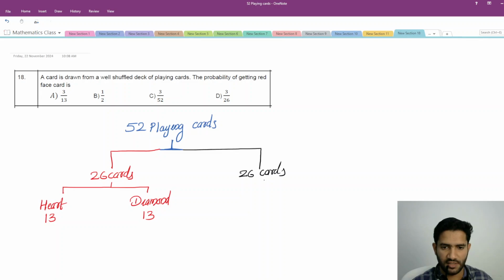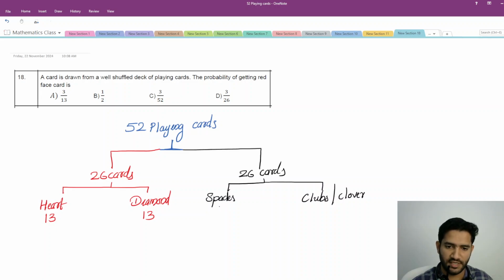In these 26 cards we again have two suits. First one spades, second one clubs or clover. Both have 13 cards. So total 26 red cards, 26 black cards.